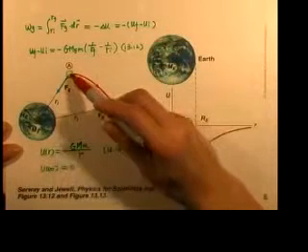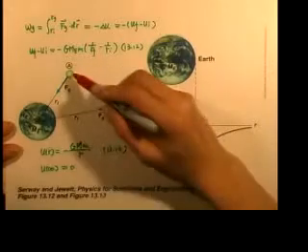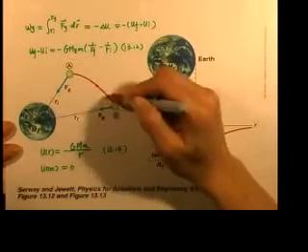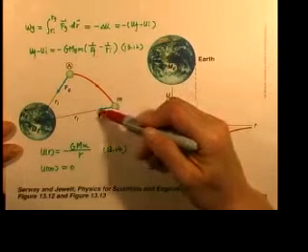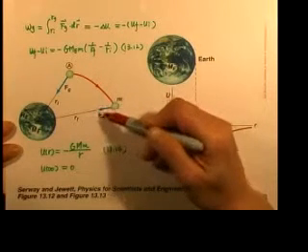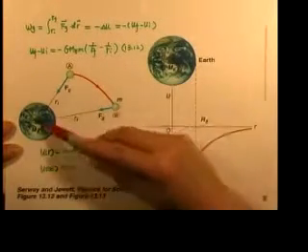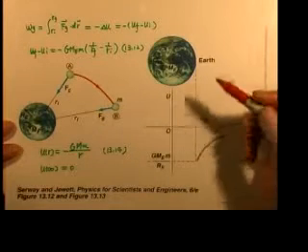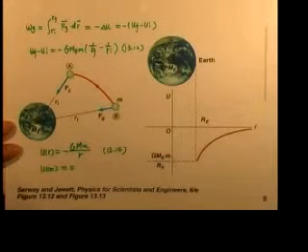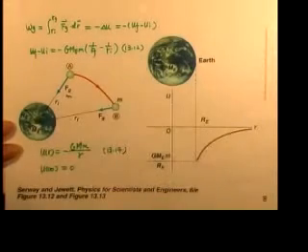Then if this particle somehow moves to position B along this path, at position B the gravitational force is still center seeking, toward the center of the Earth, and the final position vector is r of f. Now we're going to look at this case to see how we can prove that the gravitational force Fg is a conservative force.